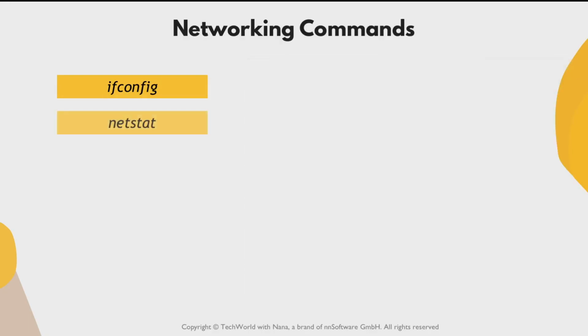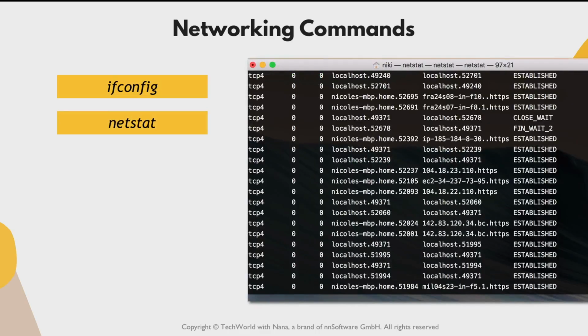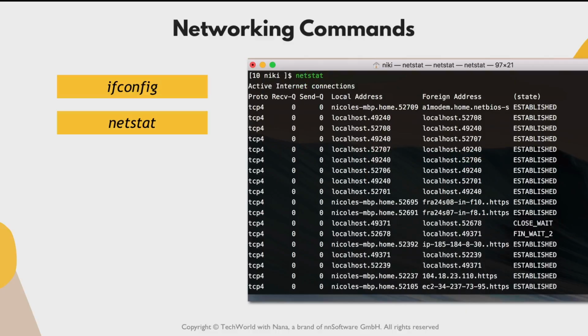There's also a very useful command called netstat that shows you what active connections you have on your machine. Active connection means which applications are actively listening on their specific ports. A typical use case can be if an application on your server is not accessible and you're getting a connection refused error, for example, you can check with this command whether that application is actively running or not and on which port it's listening.